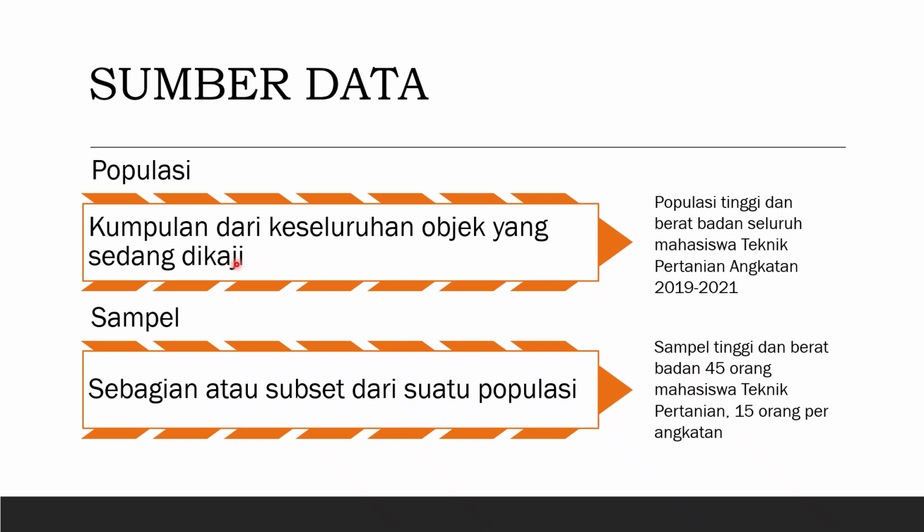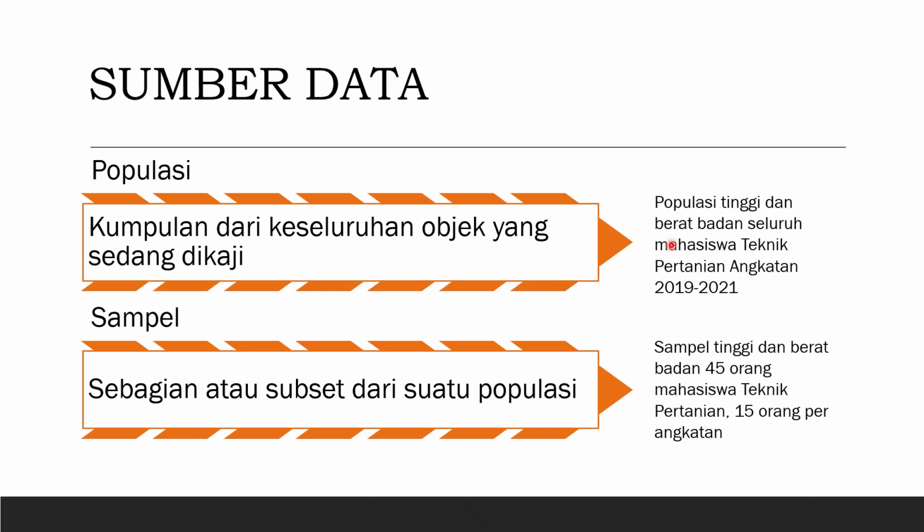A population is all objects that you assume as the object of the study. And then you also have the term sample, where the sample is a subset or a small portion of your population.